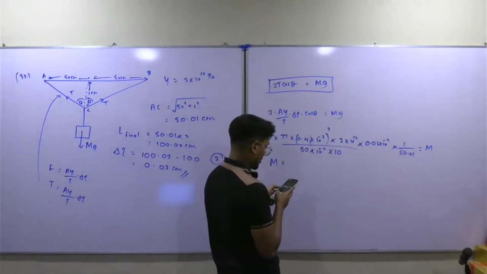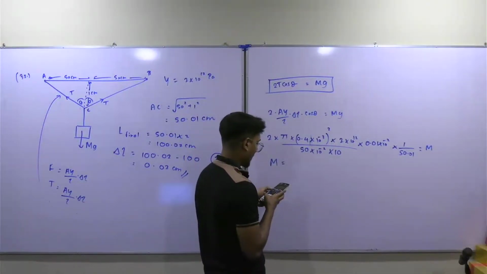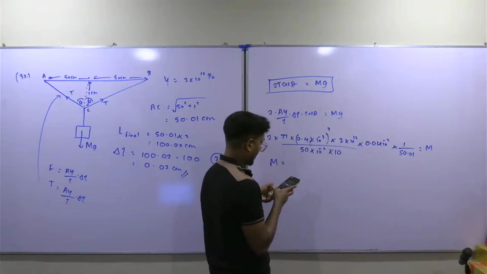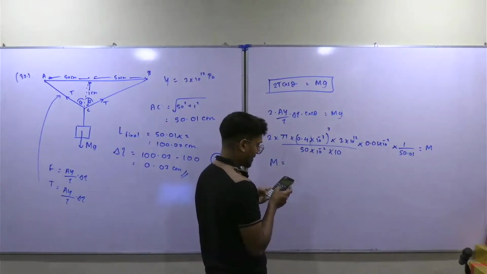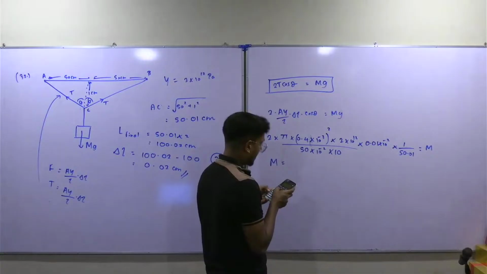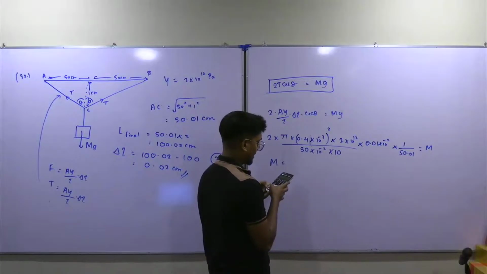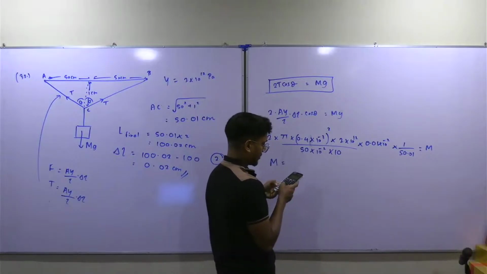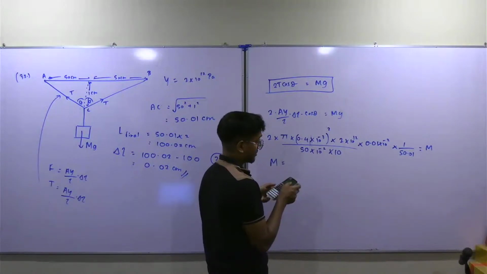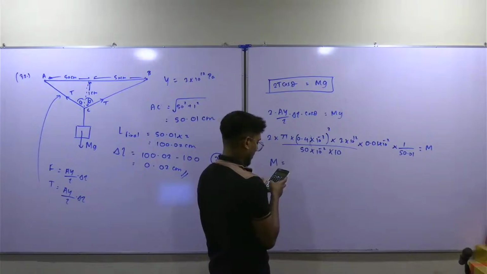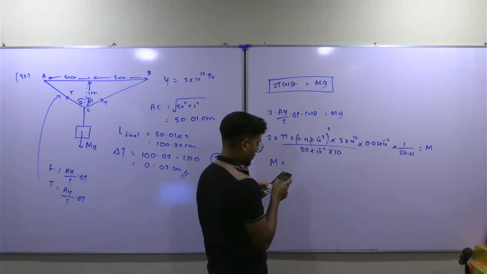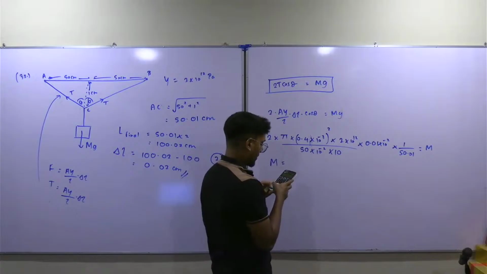So 2 times pi times 0.4, the radius, 10 to the power minus 3 squared, into 2 into 10 to the power 12, the Young's modulus, and the extension of a single section is 0.01 into 10 to the power minus 2, need to convert into centimeters, divided by 50 into 10 to the power minus 2 into 50.01.